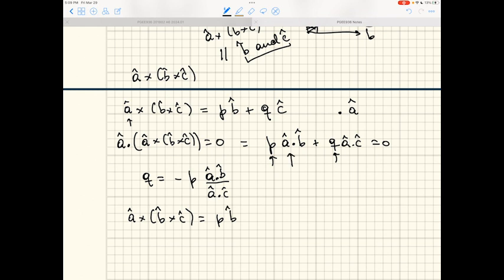This factor here, plus Q, which now is given by this, minus P A dot B divided by A dot C times C.